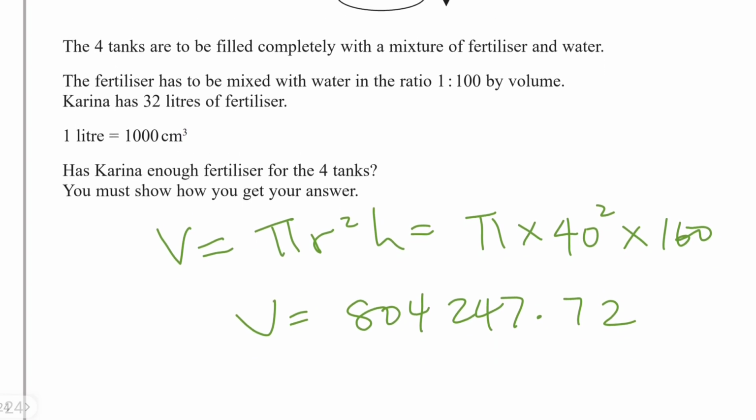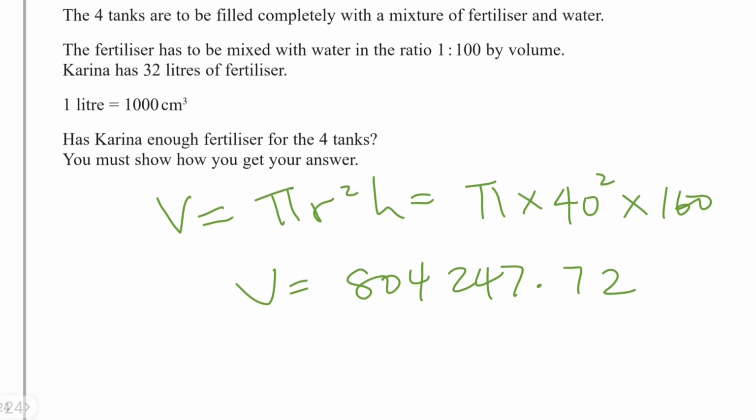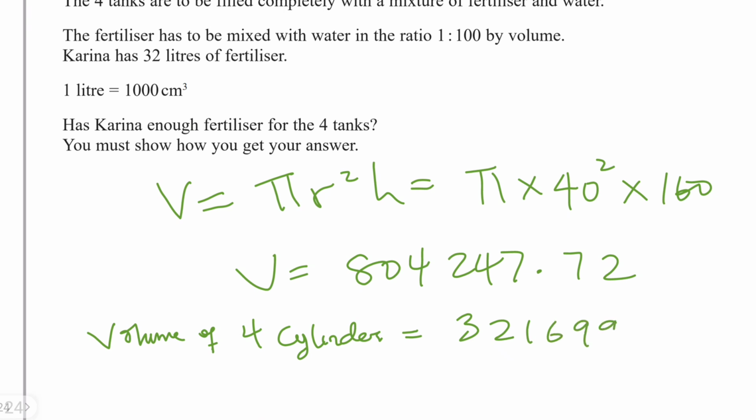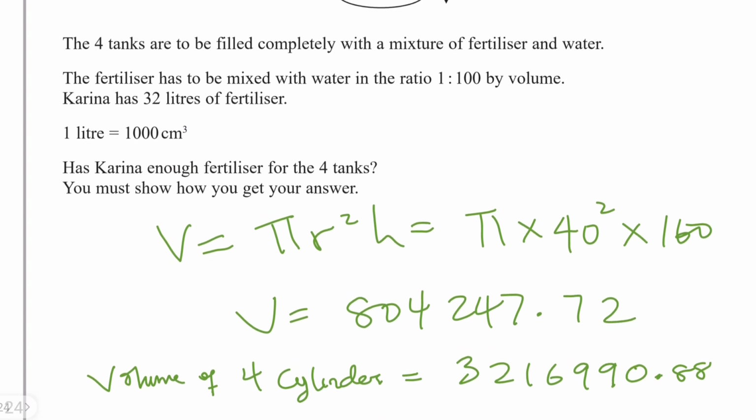So we multiply our answer by 4, so the volume of 4 cylinders is going to be 3,216,990.88 centimeter cube.